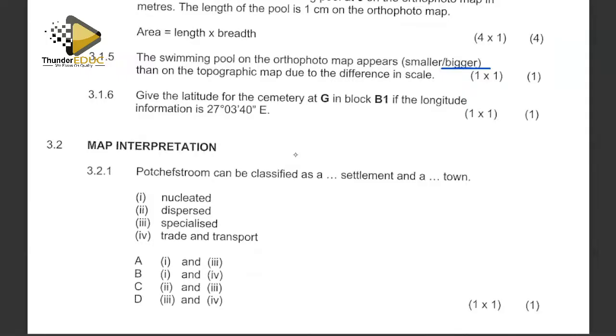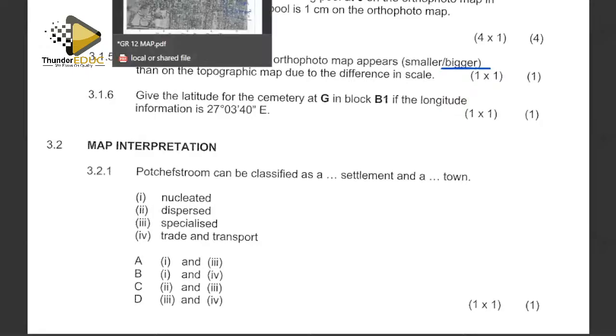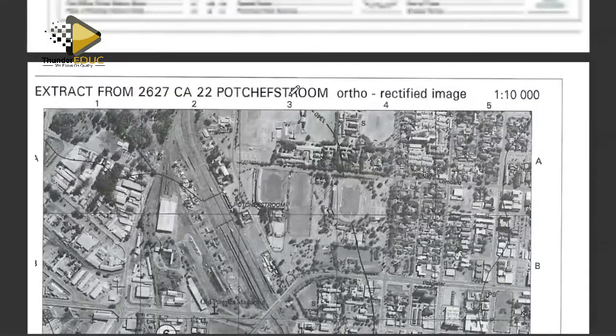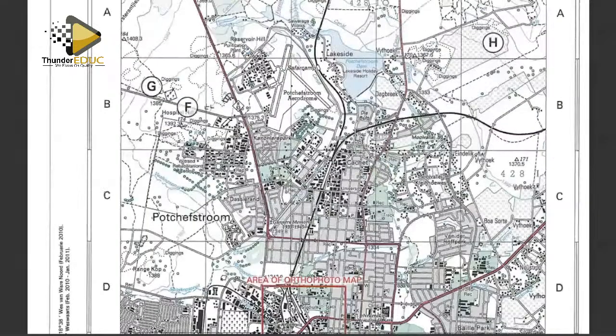Give the latitude of the symmetry at block G in B1. I'll just highlight how you're supposed to find it out. The symmetry in block B1. The symmetry is here. What you're supposed to do there, your longitude values are given. What you're supposed to do is calculate your latitude values.